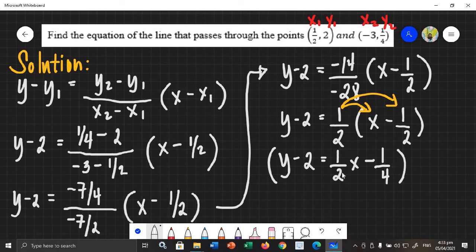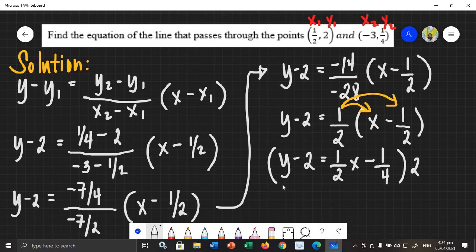So in this case, ang denominator ng coefficient ni x ay 2. So we need to multiply the whole equation by 2 para mawala yung fraction ng coefficient ni x. Okay? Para maging whole number siya.